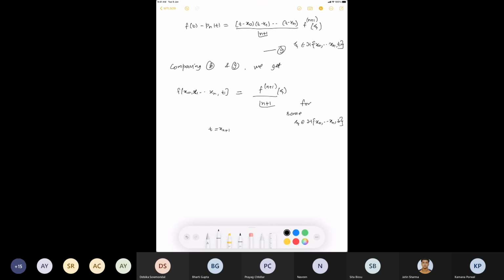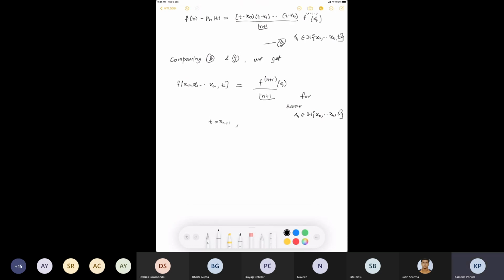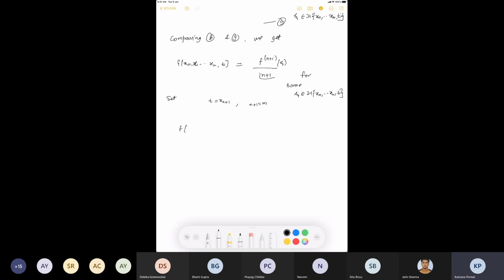And then if I replace n+1 by m, I get the formula: f[x0, x1, ..., xm] is the same as the mth derivative of f at xi divided by factorial m, for some xi in the smallest interval containing all the xi's.